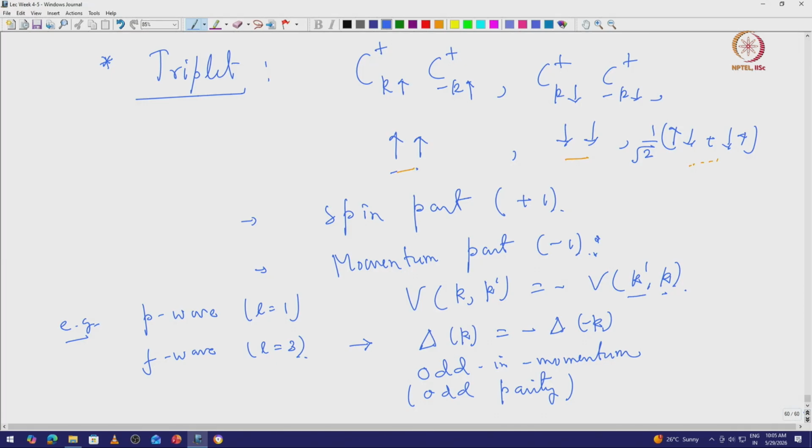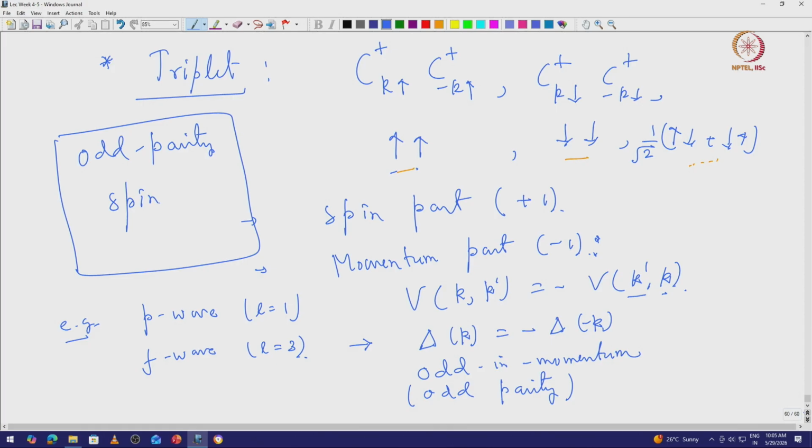So, this is the second one. These are spin triplet, odd parity, spin triplet.